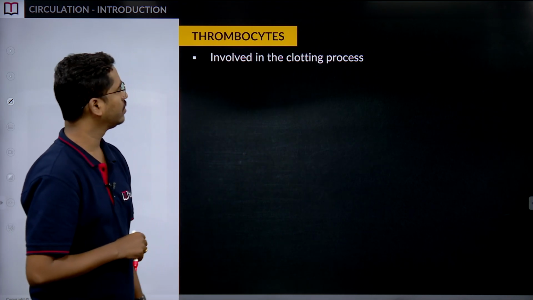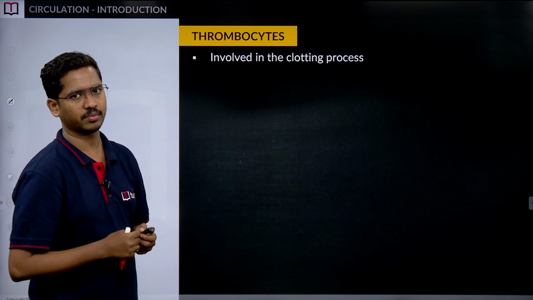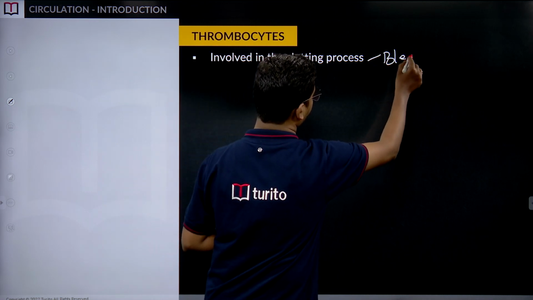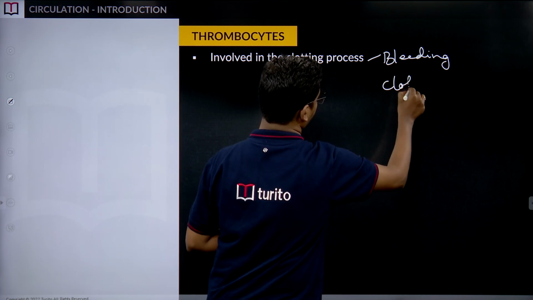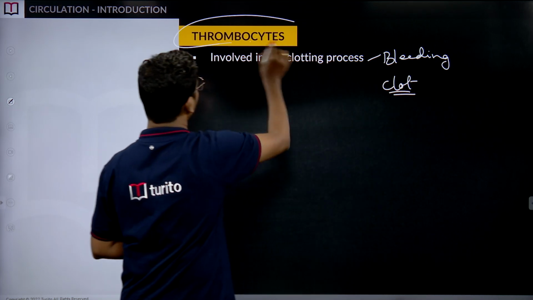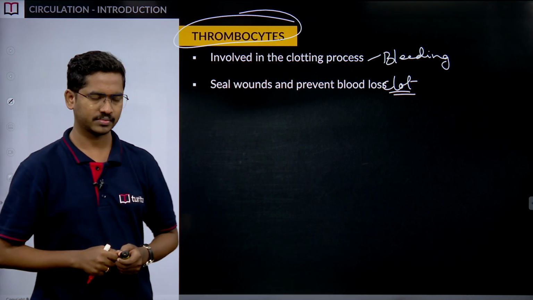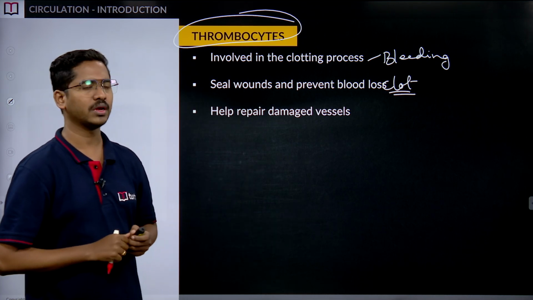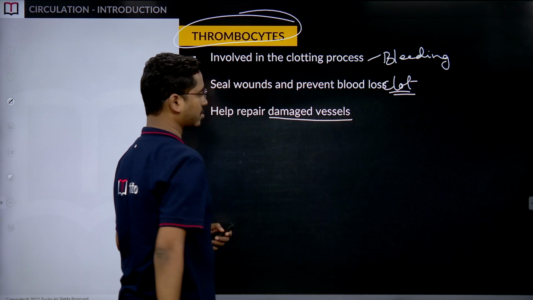Thrombocytes are mainly involved in the clotting process. That means, when we have bleeding, if it has to stop, a clot has to form, and thrombocytes have to take care of the process. They seal wounds and prevent blood loss, as we just saw. Following that, they help repair the damaged vessels.